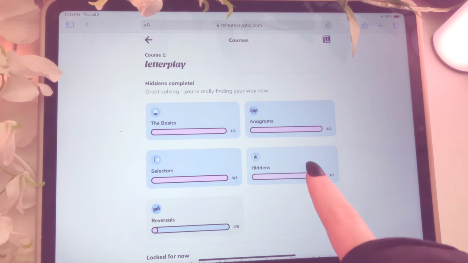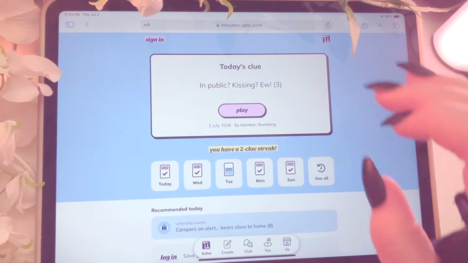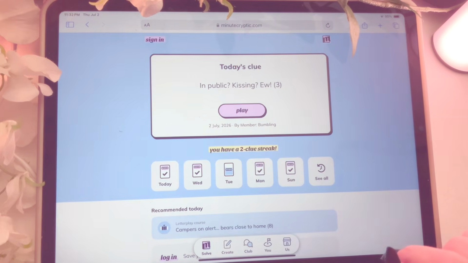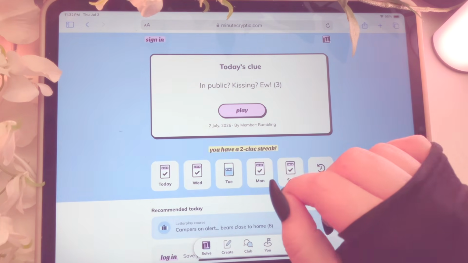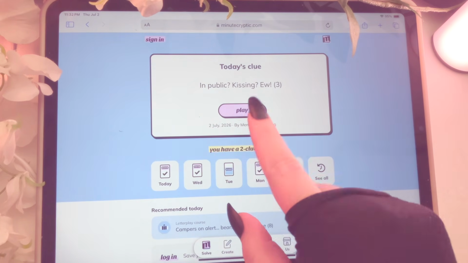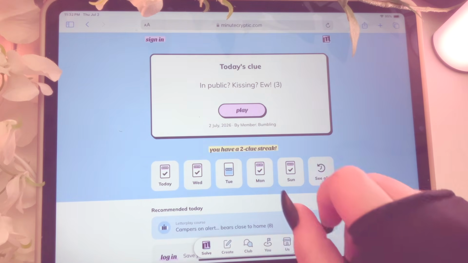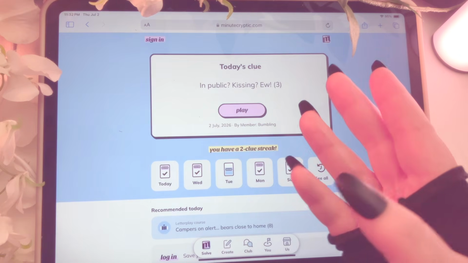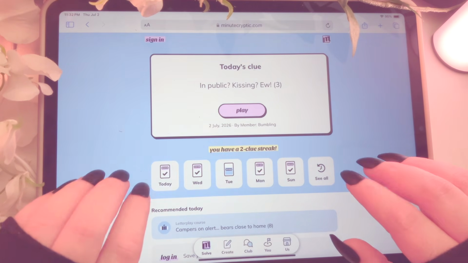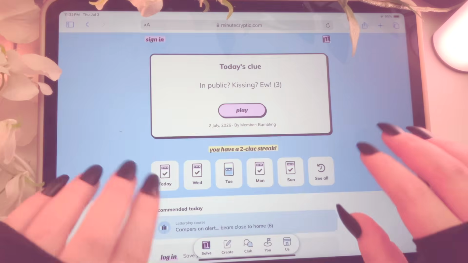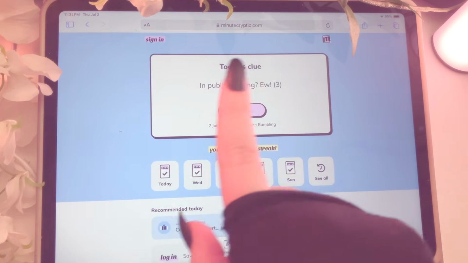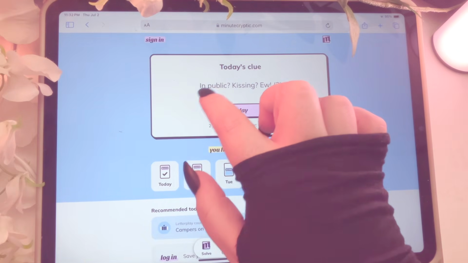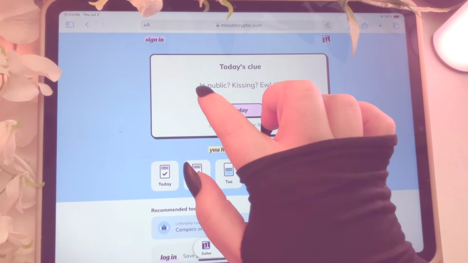We finished hiddens, and actually today's clue was a hidden. The clue was "in public, kissing, ew." And since I've already told you this is a hidden indicator, hopefully you can spot the part of it that's supposed to be indicating that. It is the word "in."